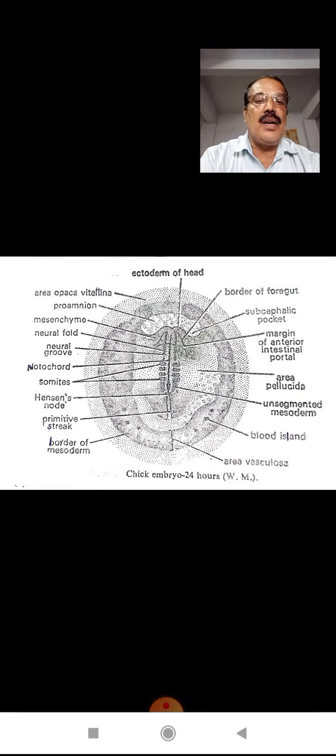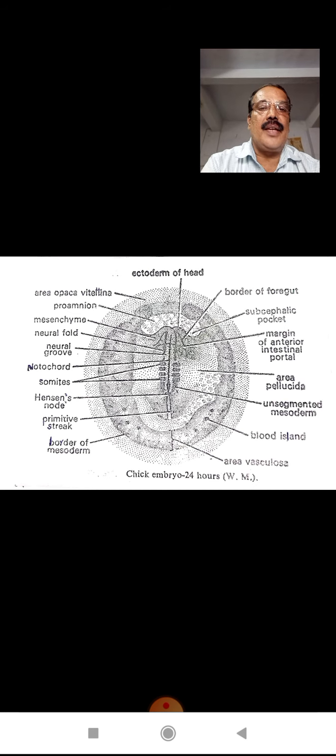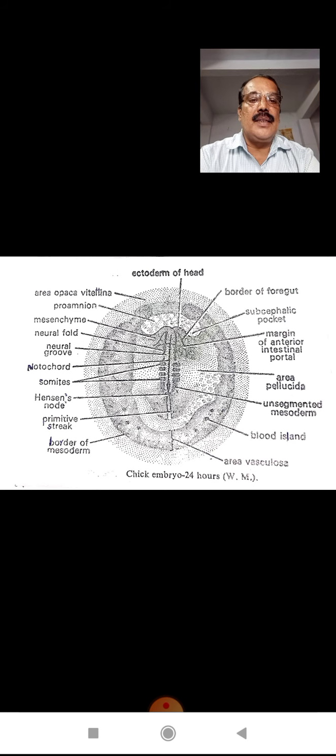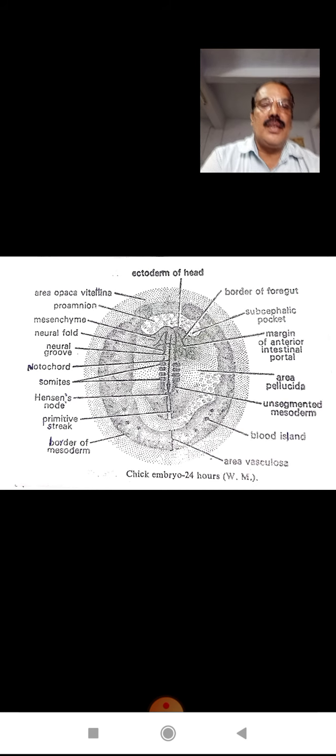So the diagram shows certain parts like ectoderm of head, border of foregut, subcephalic pocket, margin of anterior intestinal portal, area pellucida, unsegmented mesoderm, blood island, area opaca vitellina, proamnion, mesenchyme, neural fold, neural groove, notochord, somites, Hensen's node, primitive streak, border of mesoderm.